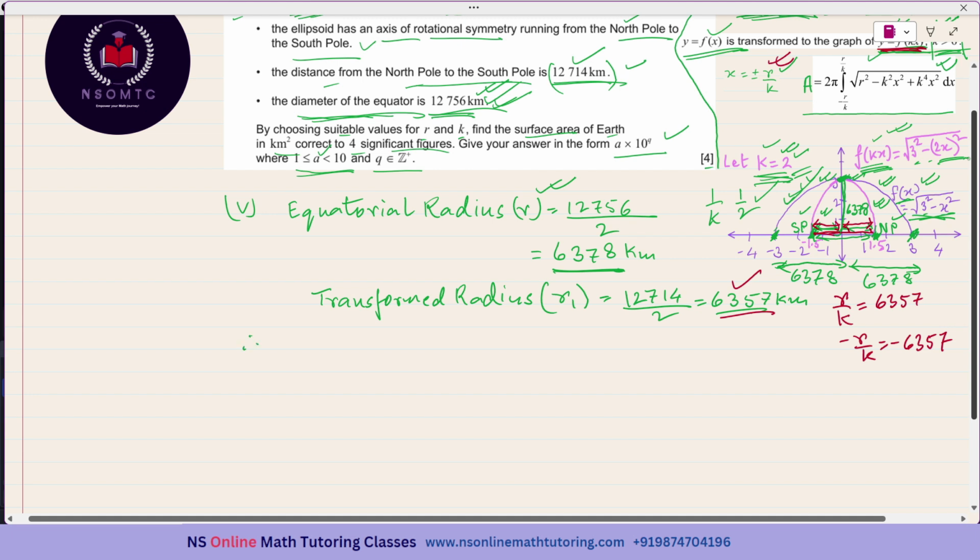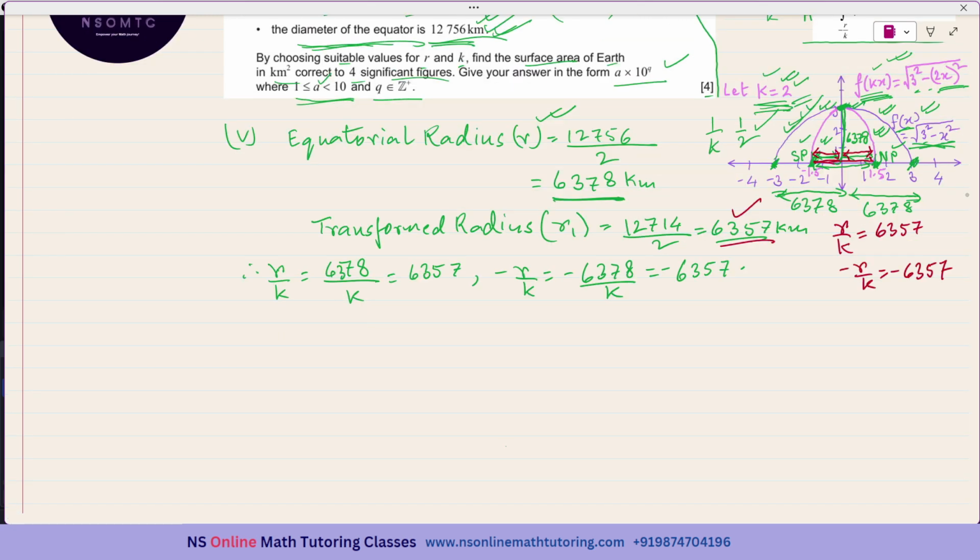So, therefore, 6378 over k is equal to 6357 and negative 6378 over k is equal to negative 6357. Clear?